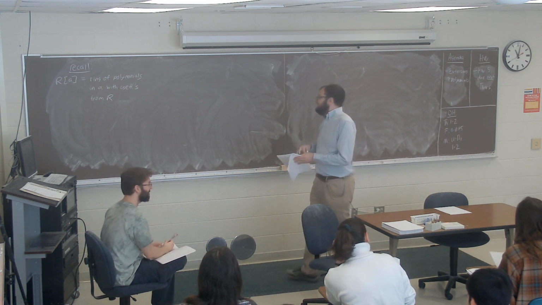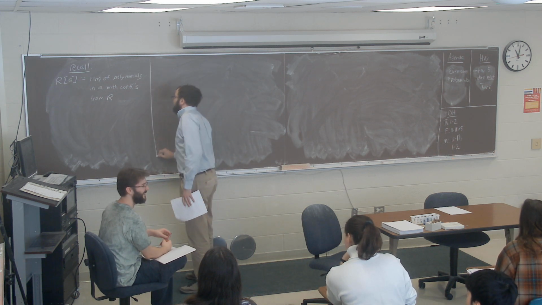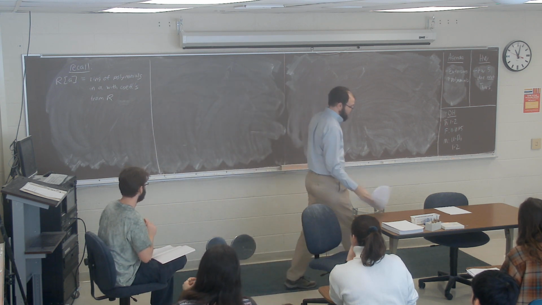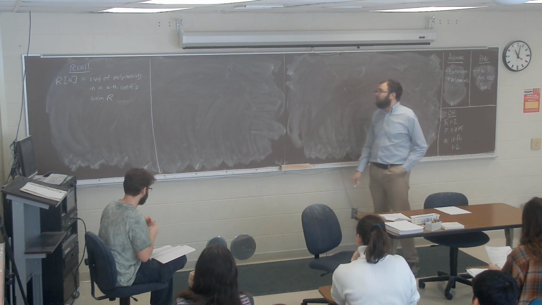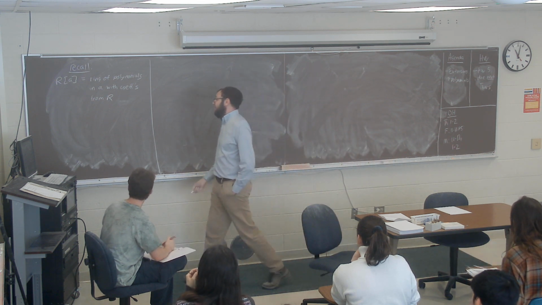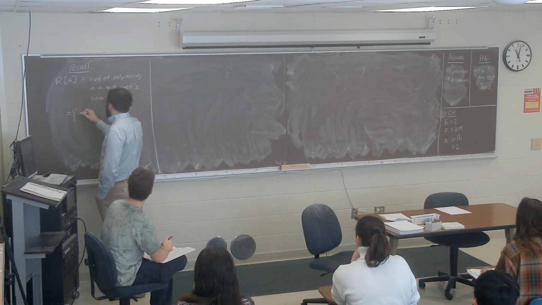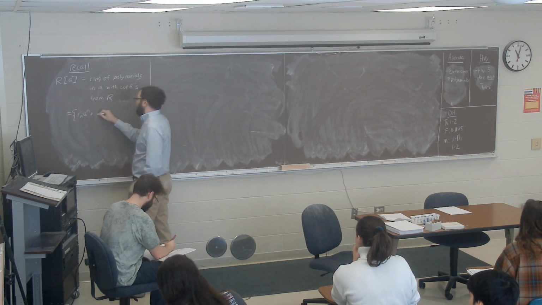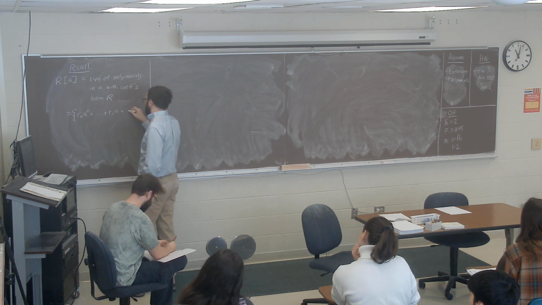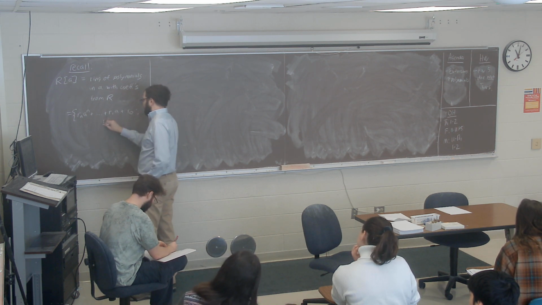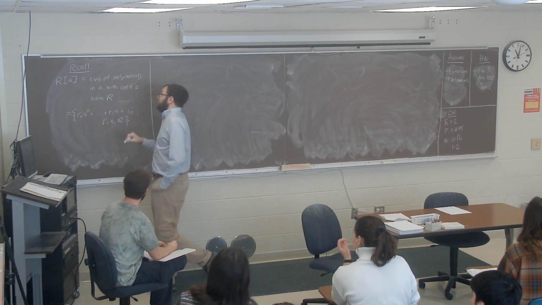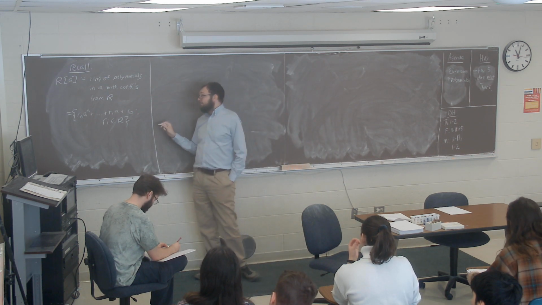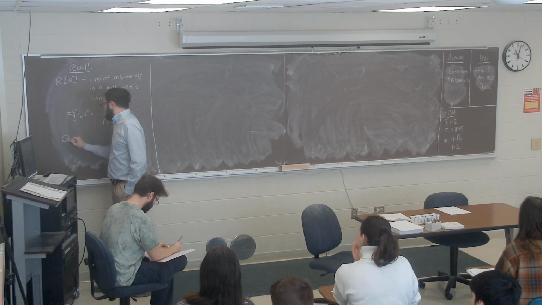So, start off with, last time we talked about what it means if you have a ring and then in these square brackets you put some element not in the ring. We said essentially it is the ring of polynomials in a with coefficients from R. So in other words, it's the set of all elements of the form r_n a to the nth power plus ... plus r_1 a plus r_0. For instance, when we did this with square root of 2, we got Q adjoined square root of 2.